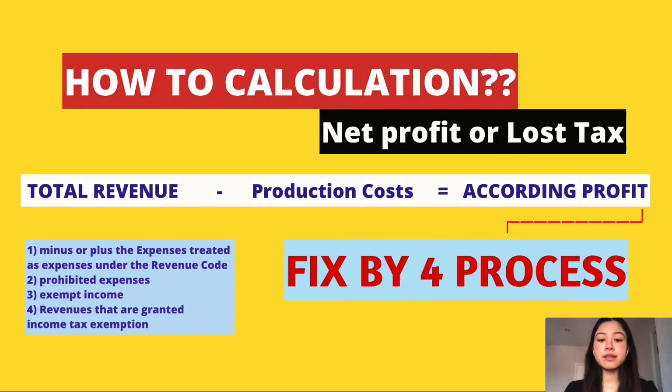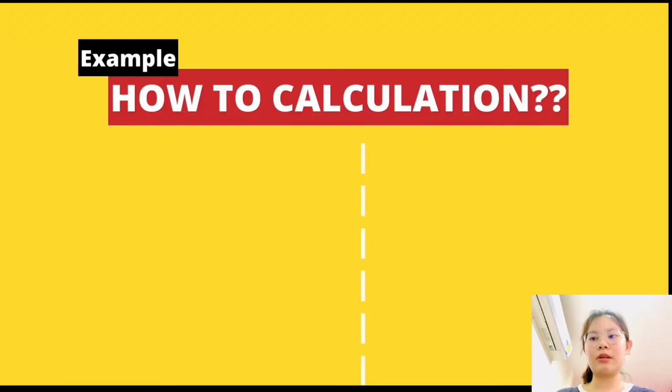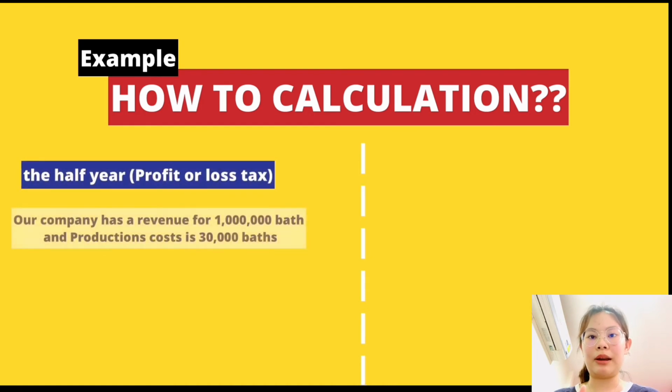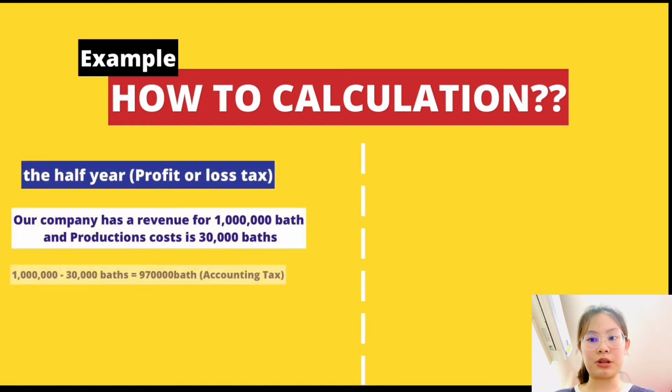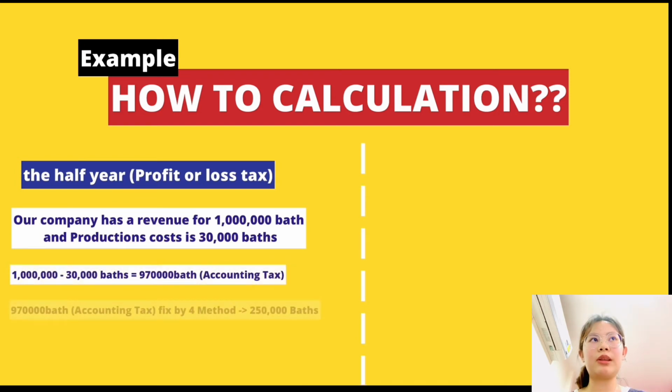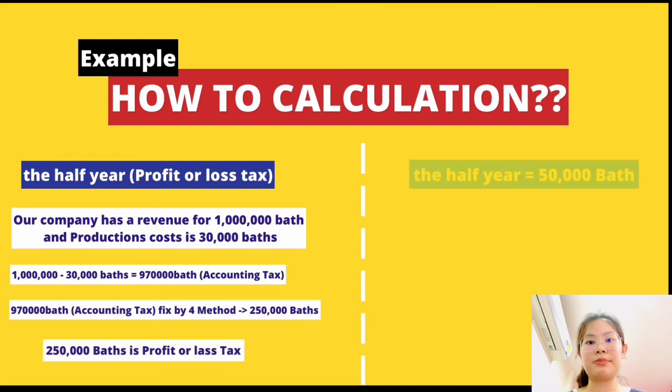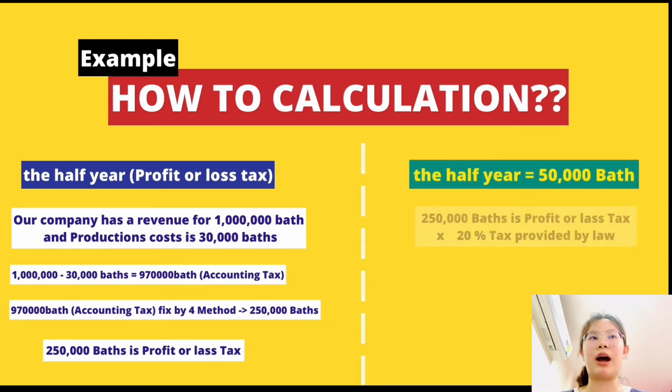And here is an example of calculation. I shall assume that for the half of the year, our company has a revenue of 1 million baht and expenses of 30,000 baht. Then we get the accounting profit of 970,000 baht. Then I will apply the fixed process of 4 steps, and our net taxable profit or loss will become 250,000 baht.